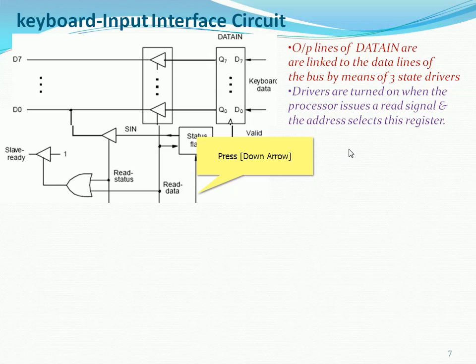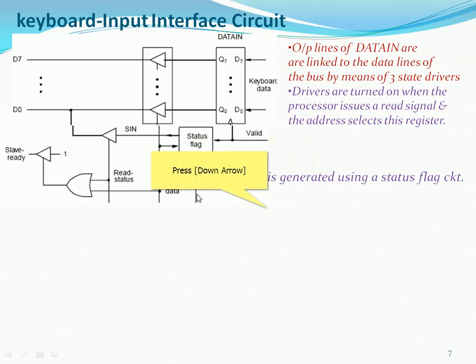Another point is that read data and read status together decide the slave ready signal. The slave ready input is 1, but the controlling valve is decided by read status and read data. SIN is generated using the status flag circuit.